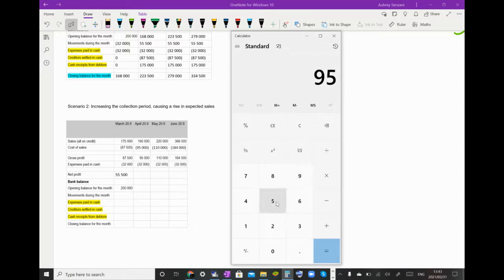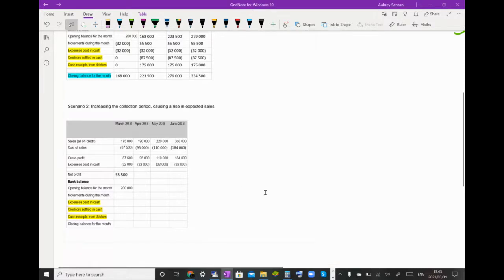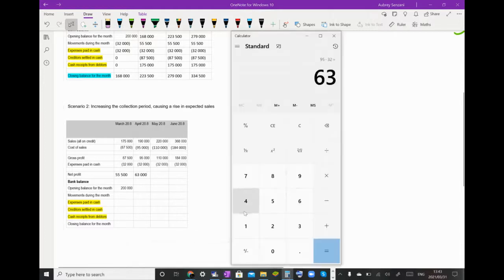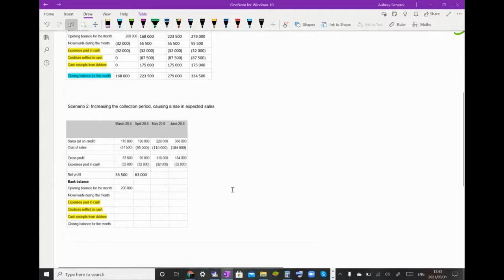So 95 minus 32, we get 63,000. Then 110 minus 32, we get 78,000.